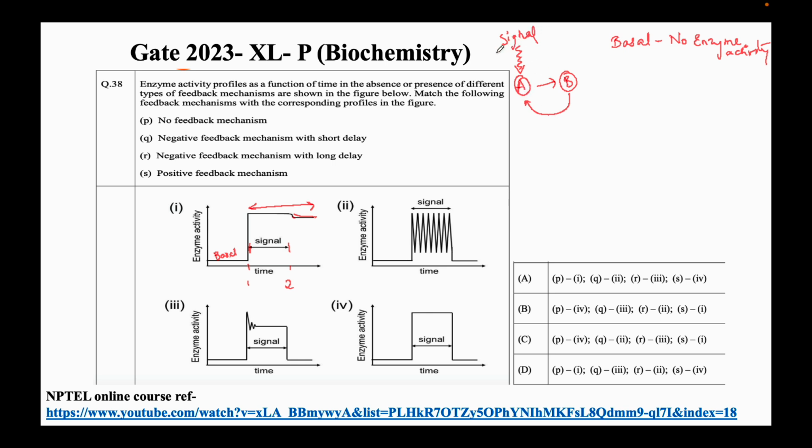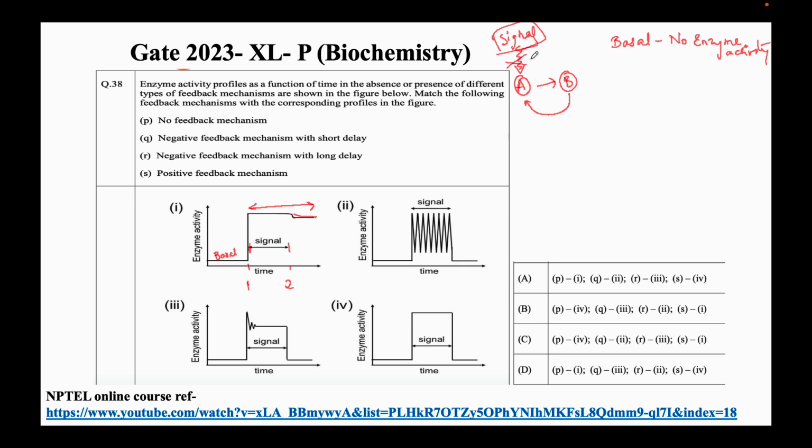When I stopped giving this signal, right? So I started giving signal at 1 hour and I stopped giving signal at 2 hours. But still, even though I stopped giving signal, we are seeing the activity of B. Why?